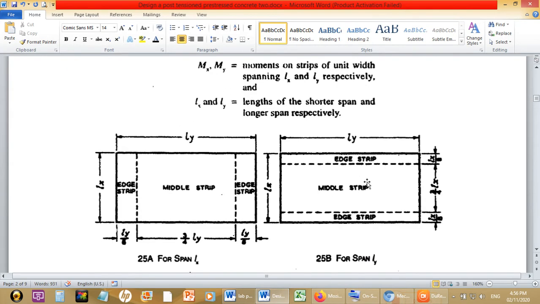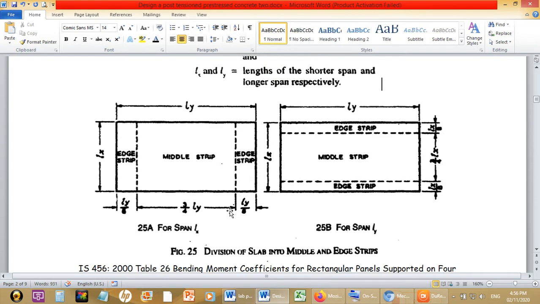So let's see here, these diagrams are given in the IS code, figure number 25A for the span Lx and 25B for the span Ly. If we observe this figure, the entire span is divided into strips: edge strip, middle strip, edge strip, and the same thing is done for the span Lx and span Ly.